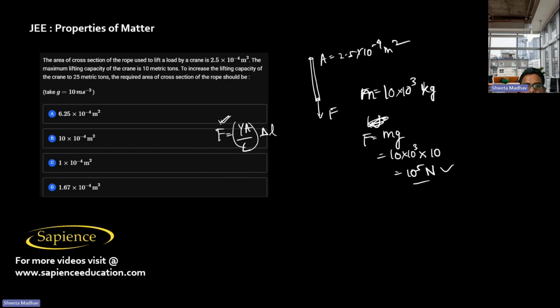So the change in the length should remain constant. The area of cross section can change. Young's modulus also cannot change. The length also cannot change. So it means that Y delta L by L will be equal to constant, so it means that F by A should be constant.